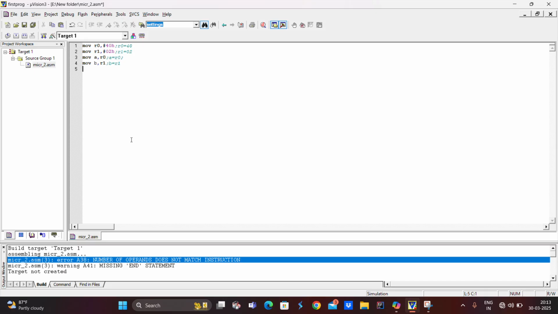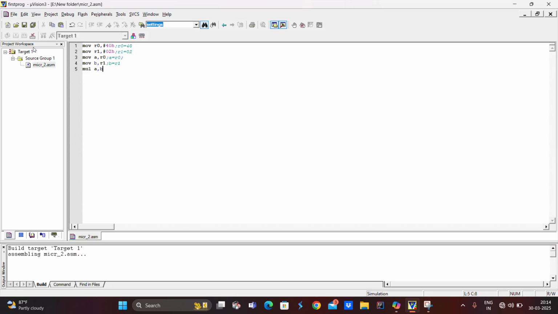Then we are going to use multiplication. Here I am going to show you one more mistake which you will sometimes make. As in addition we use A, B, let us try that and see what output comes. MUL A, B. Let us see what it gives.